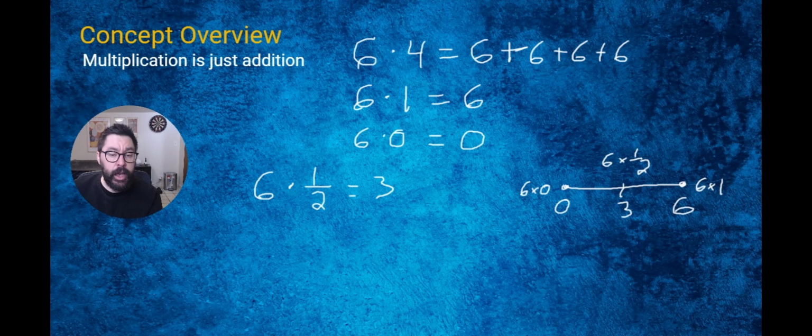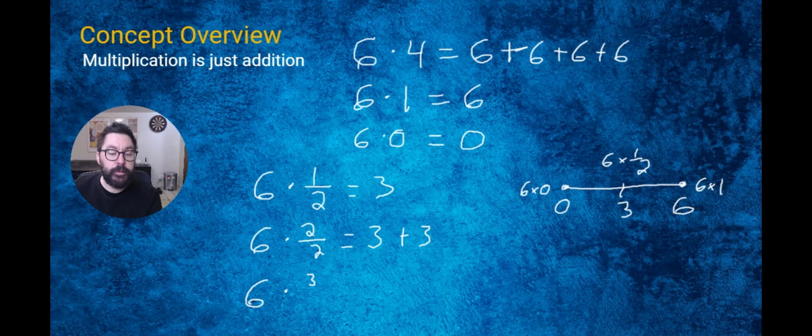And if we just follow a pattern here real quick, if we had 6 times 2/2, well, that says take half of 6, but add it together twice. So that's 3 plus 3. Of course, there's other ways you can do that, but that's what I'm showing right now.